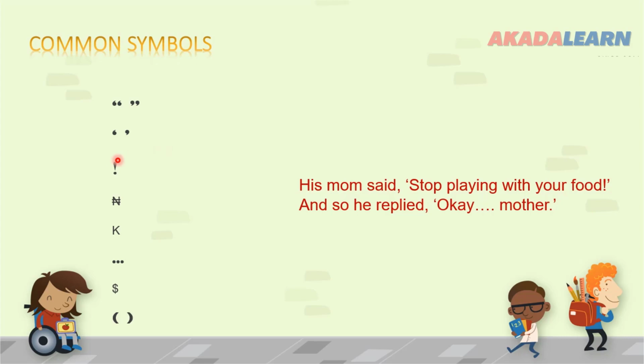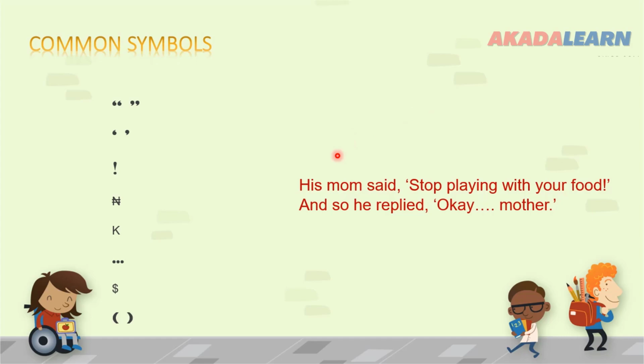All right. Next, we'll go to this. This one is called an exclamation mark. Okay, it shows that whatever has been said is a strong statement. Whenever you see this at the end of a sentence or even at the end of a word, it shows that it's a strong statement that has just been made. Okay, a strong statement or a loud statement.